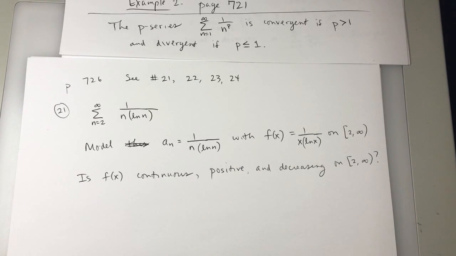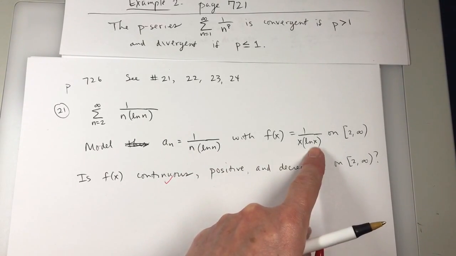Yes. It's continuous since the denominator's never 0 on that interval. Is it positive? The natural log of x, after natural log of 1, is positive.